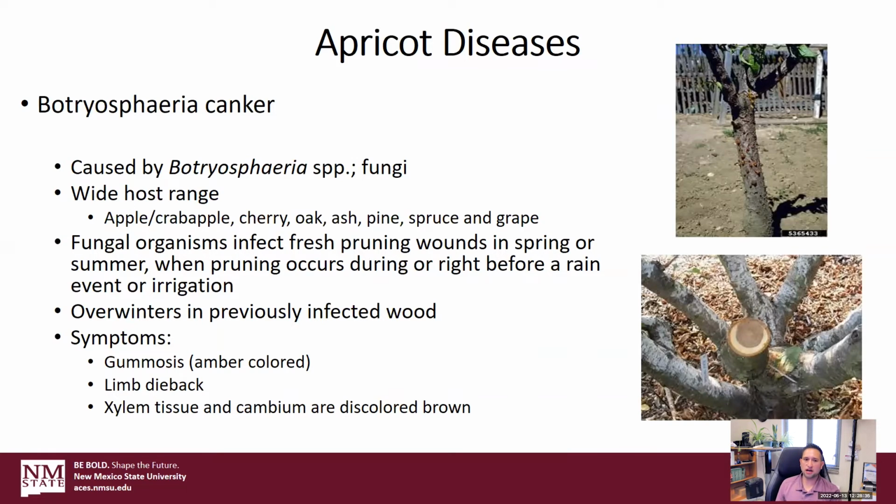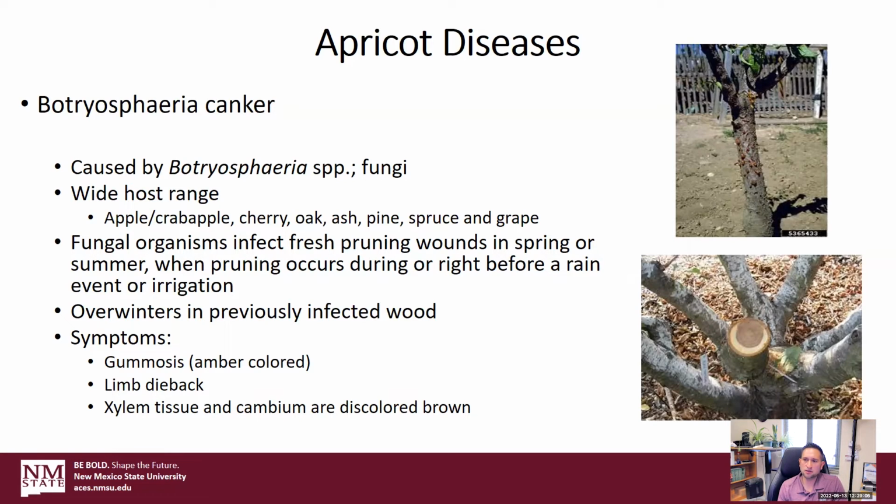Now next, apricot diseases. A common one is Botryosphaeria canker. It's a fungus. It has a wide host range, from apples to cherries, even to oaks, ashes, all the way to your evergreens, as well as grape. These fungal organisms hang around until you get a fresh pruning wound, either in the spring or summer.